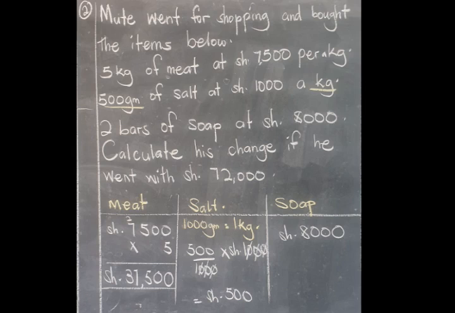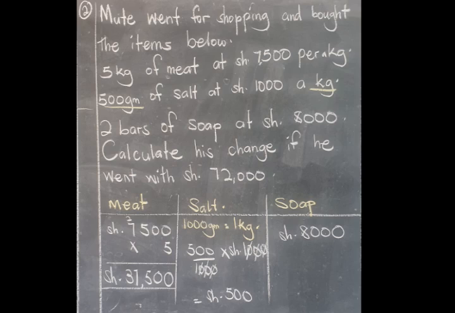So 1,000 divided by 1,000 gives us 1. And what we've remained with is what we're going to multiply. Therefore, children, we are going to multiply 500 times 1 shillings, giving us 500 shillings. Meaning, Mute spent 500 shillings on salt.